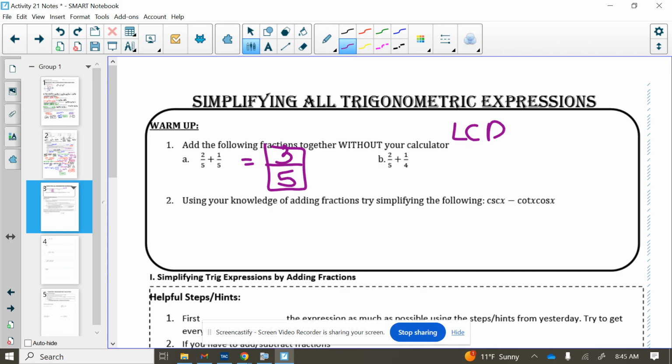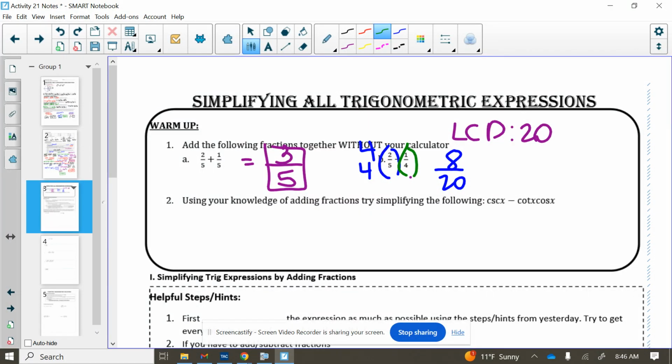In the second example, however, they do not have a common denominator. 4 and 5, the least common denominator we can make them into is their multiple of 20. So what we would have to do is the first part, 5 would need to be multiplied by 4 to get a common denominator of 20. And what you do to the denominator, you must do to the numerator in order to keep that fraction equivalent.